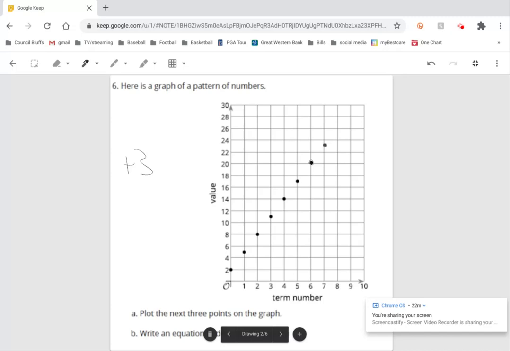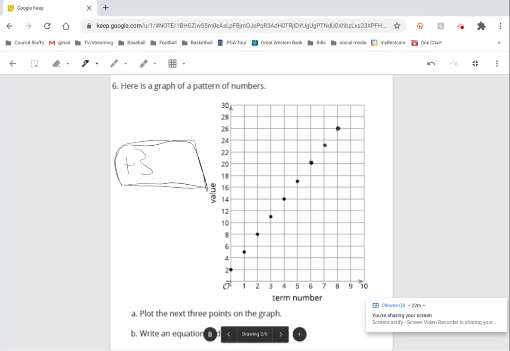And term 8 is going to be 26. Okay. So it's all based on our pattern of adding 3 every time.